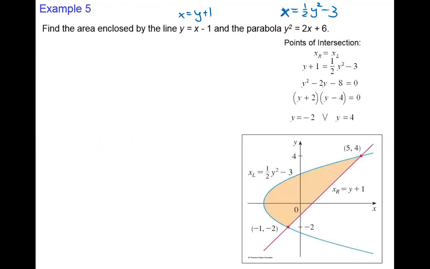I do have the graph for you. I know that all of my students will have no problem drawing the line, even if you think y plus 1 or x minus 1, you can definitely draw the line. Now you can see that's the parabola. Let's look at the top equation. We have 1/2 y squared, which means a positive leading coefficient, so the parabola opens in the positive direction.